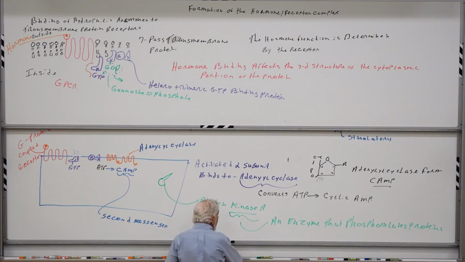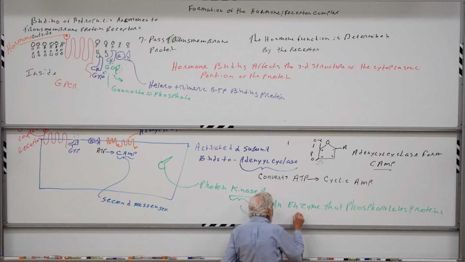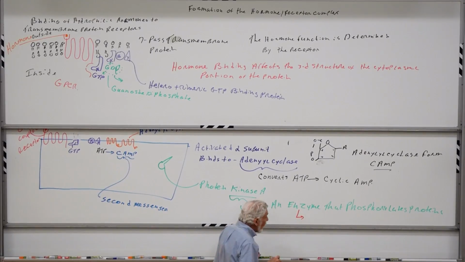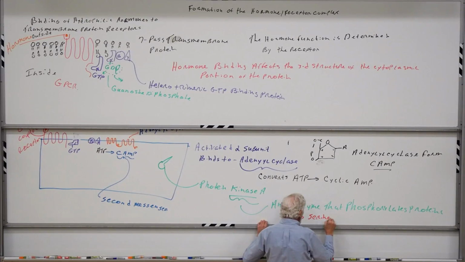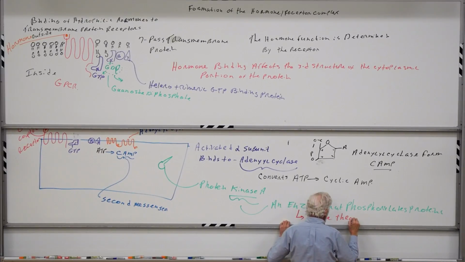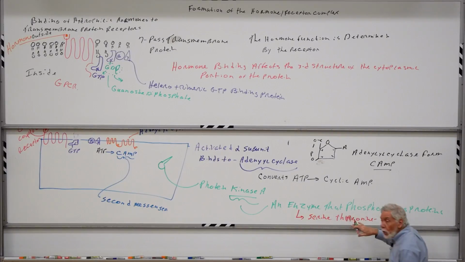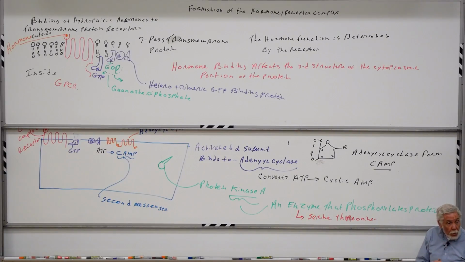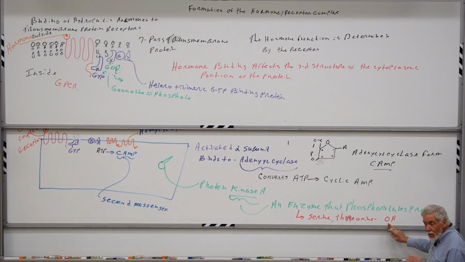Now, it turns out that the only amino acids that it adds a phosphate group to are serines and threonines. The only reason I bring this up is these are serine, threonine kinases. The reason you can phosphorylate serines and threonines is they have a hydroxyl on them, and you'll use that hydroxyl to add the phosphate. But that's a detail.